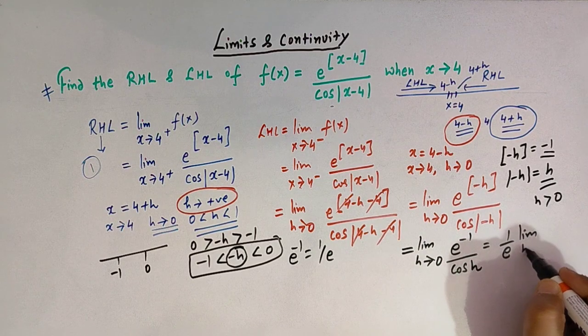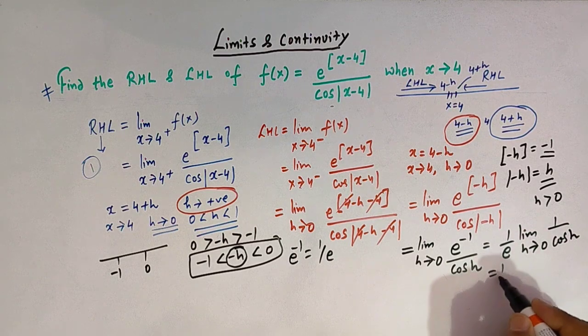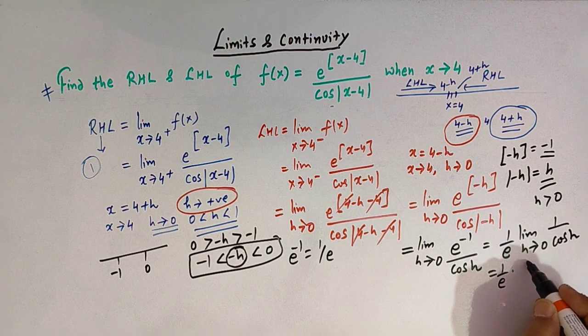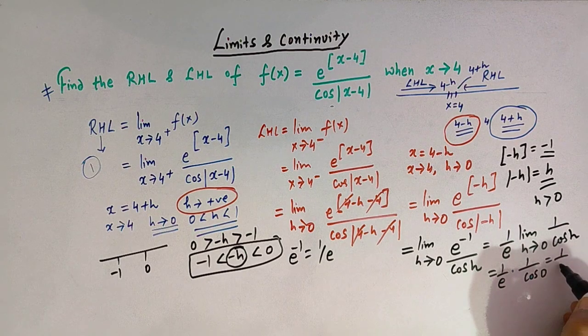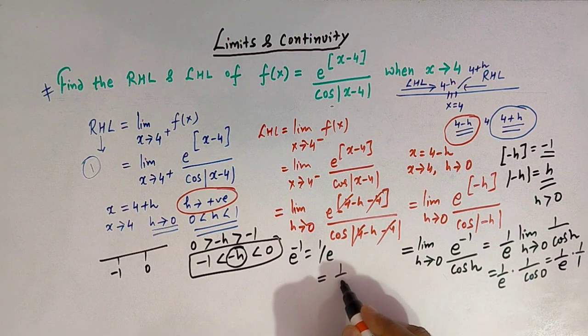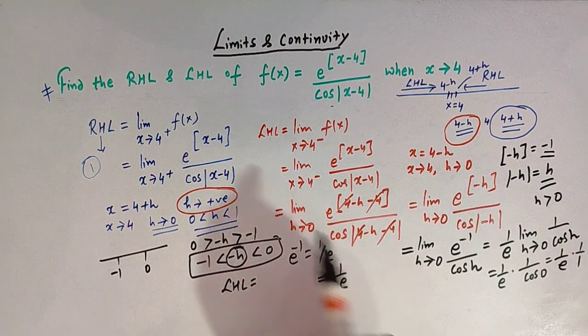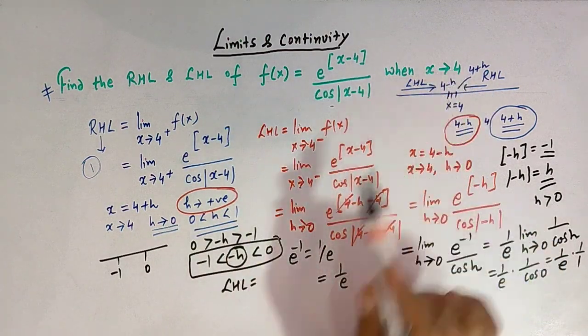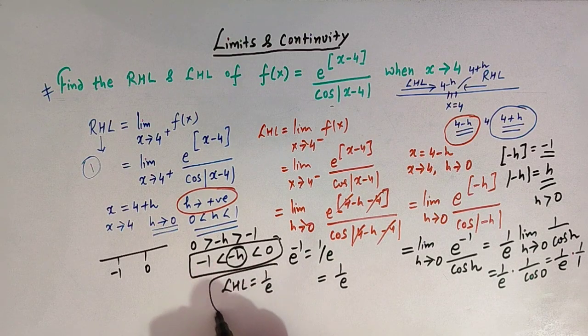So we have limit h tends to 0, 1 over cosine of h, right? So we have 1 over e times 1 over cosine of 0, because when h tends to 0, cos of h tends to 1, right? So we have 1 over e times 1 over 1, and this is equal to 1 over e, right? So the left hand limit of this function when x approaches 4 is 1 over e, right?